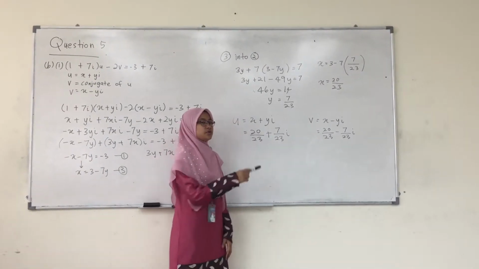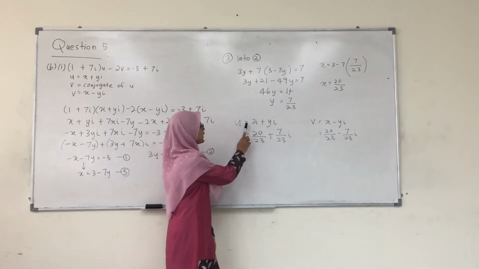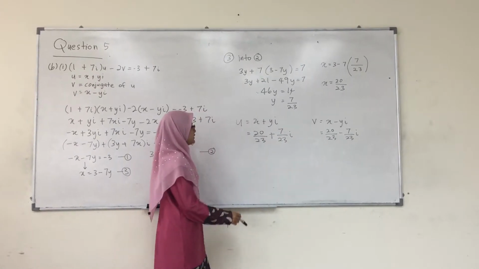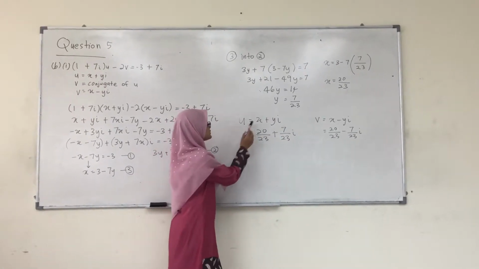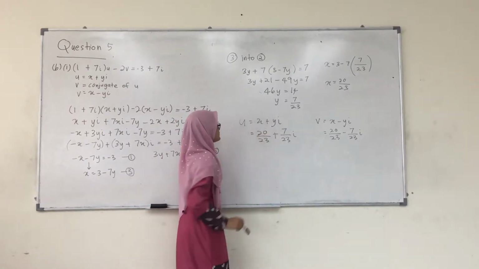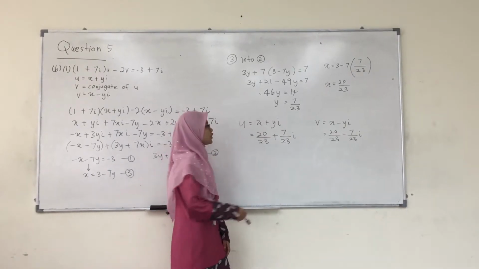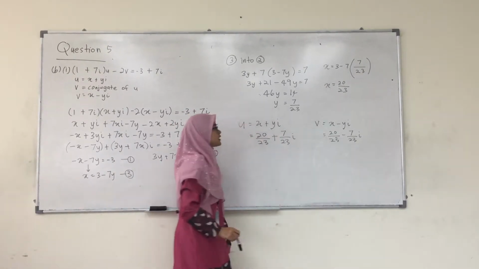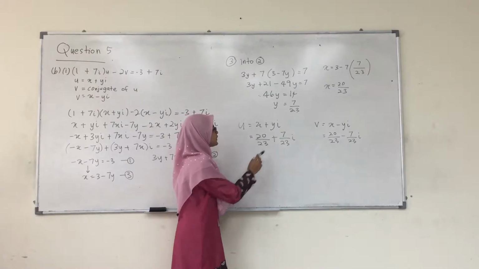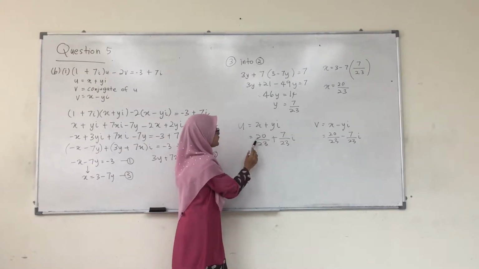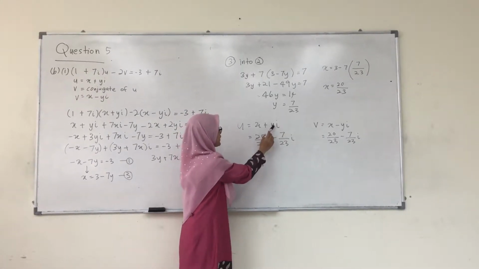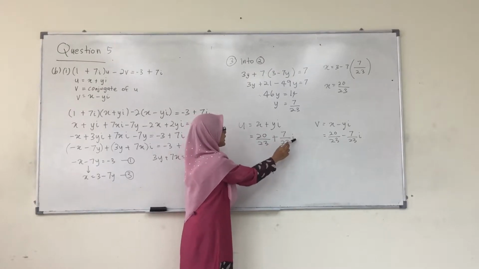Next we want to find the values of u and v. Given that u is x plus yi, and we have found the values of x and y, we just substitute x, 20 over 23, plus y, 7 over 23 i.